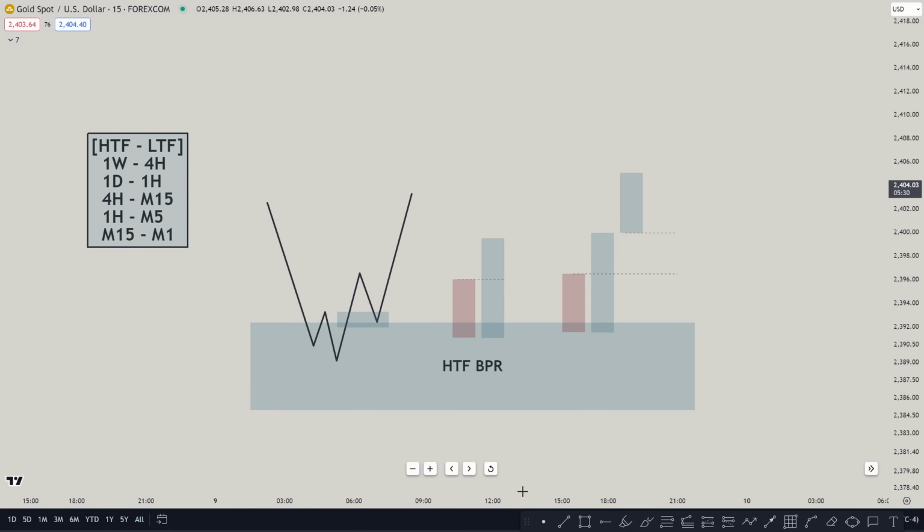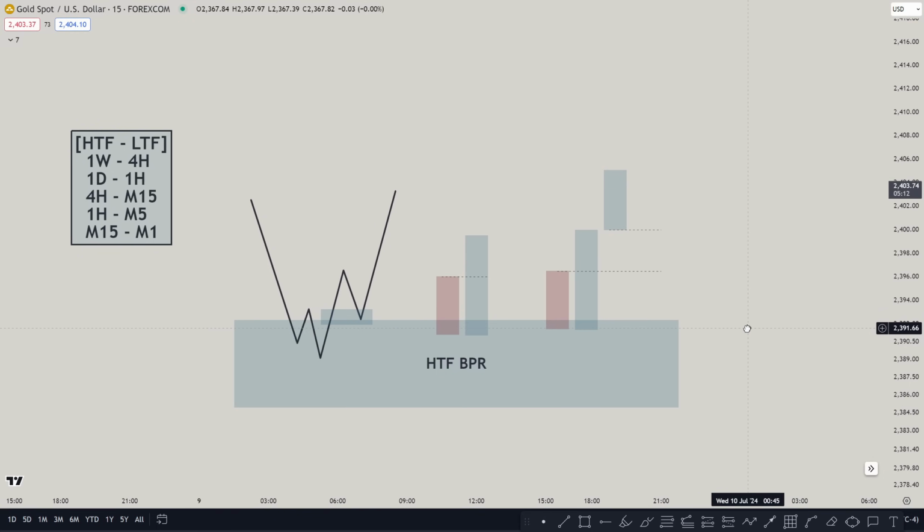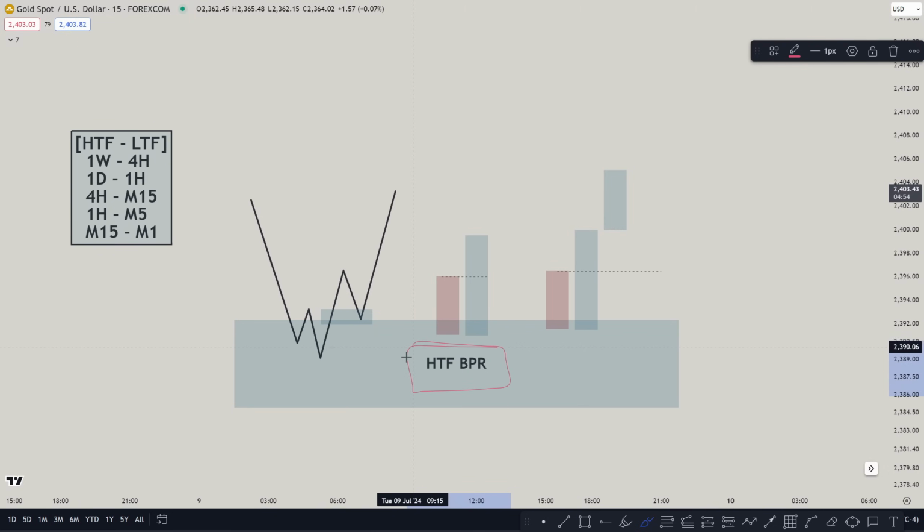So you should always prefer to look for the extreme one. When it comes to the trading plan, we always keep it simple, and in reality simplicity wins, because you really want something simple so you can identify it easier in the developing price action, not the price action that just happened in hindsight, but the one that is going to happen. All we are going to look for is a higher time frame PPR and then a lower time frame confirmation.